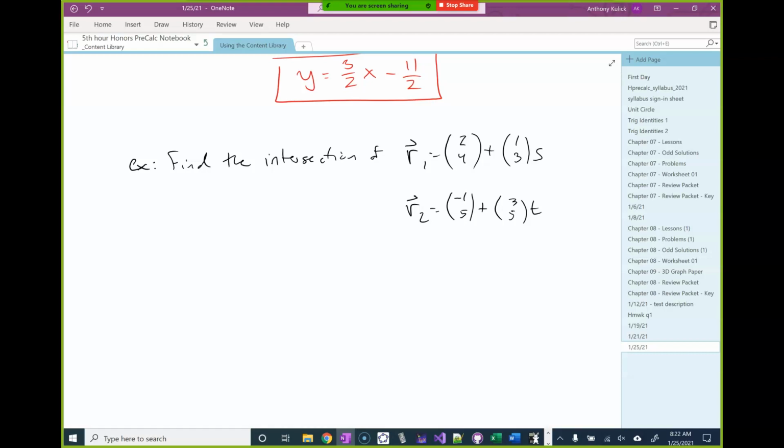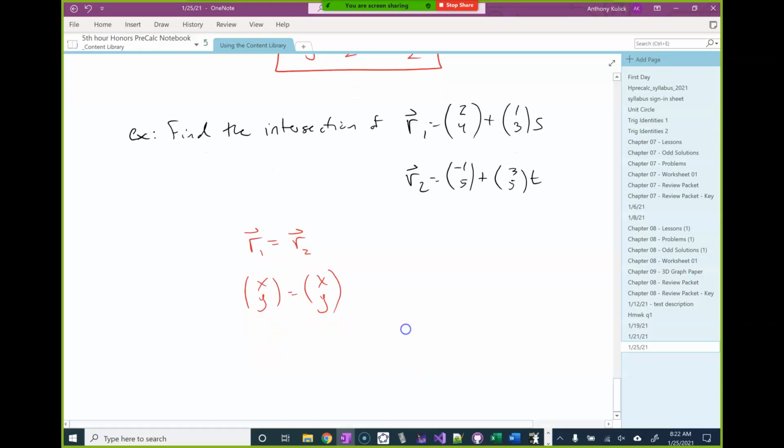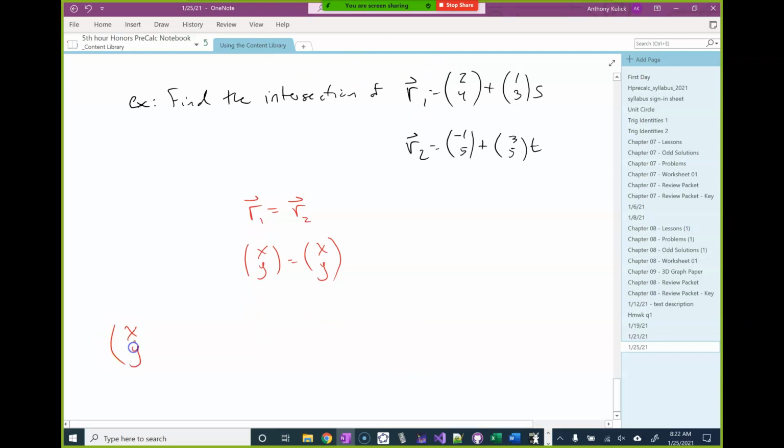Well, R1 is a column vector. R2 should be a column vector. I have that xy is equal to the equation for R1. And we have that xy is equal to the equation for R2.